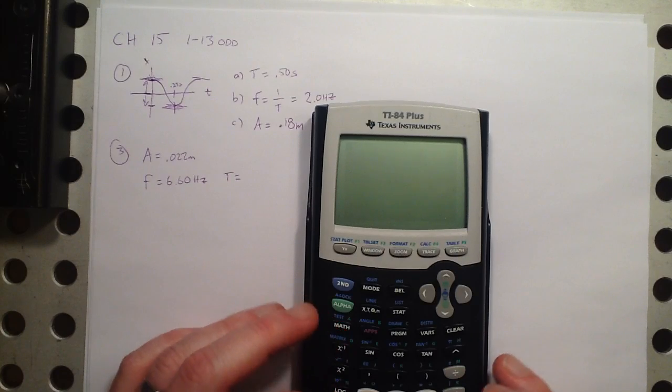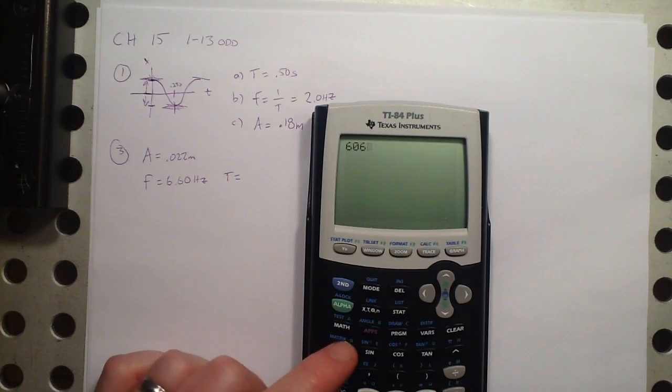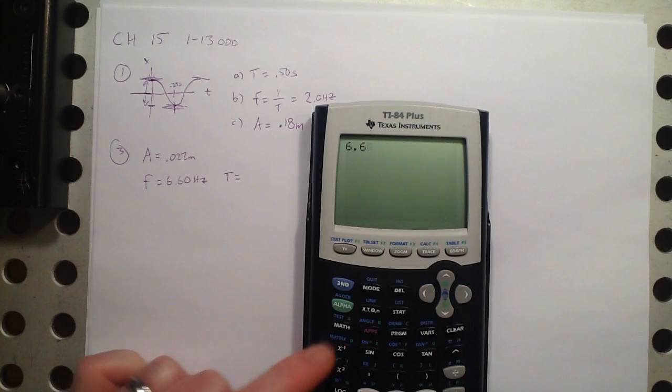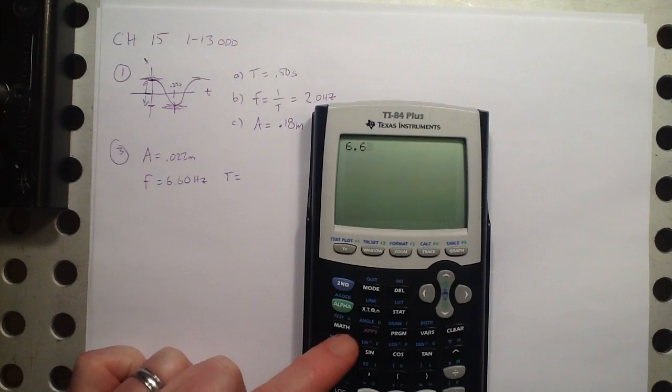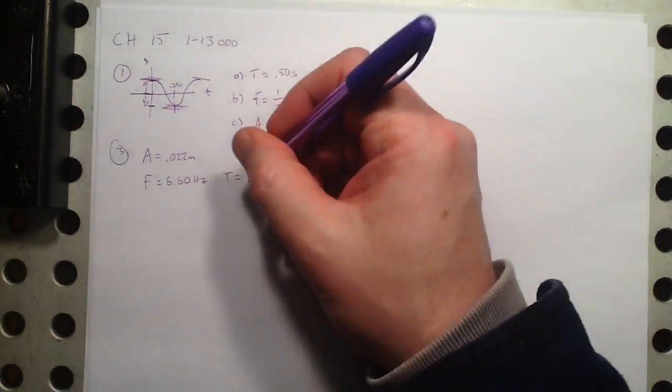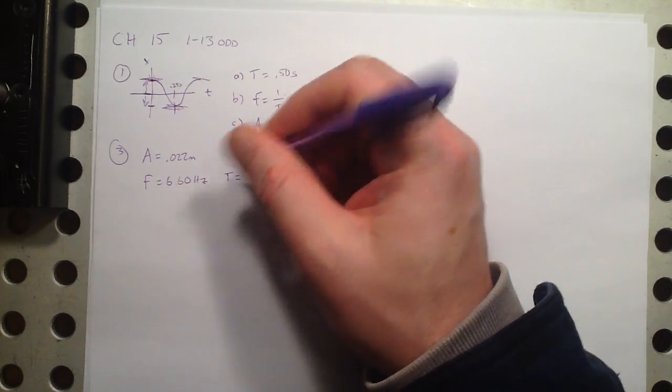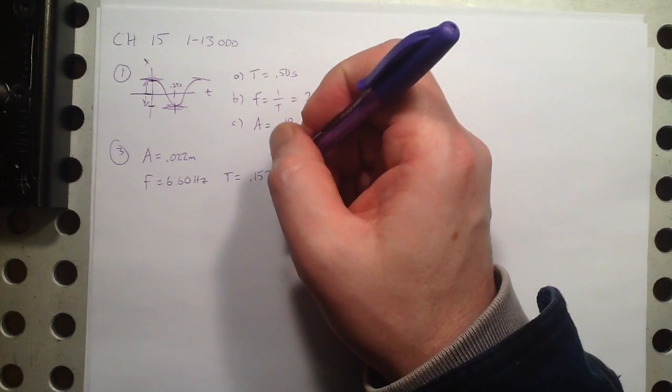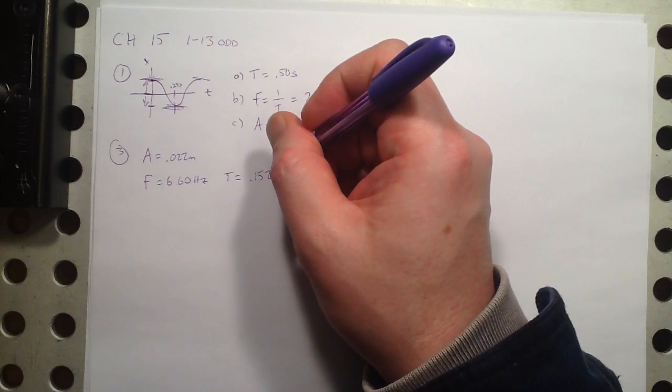So let's see, we do 6.6 and we have a little inverse button right here, x to the negative 1. That's 0.152, sticking with their sig figs here, 0.152 seconds.